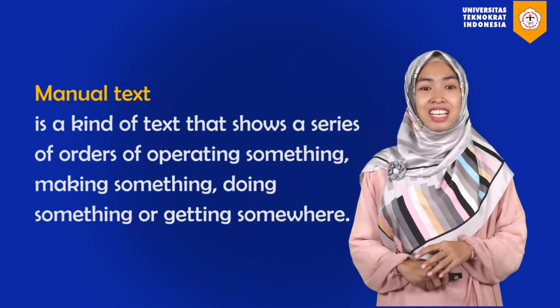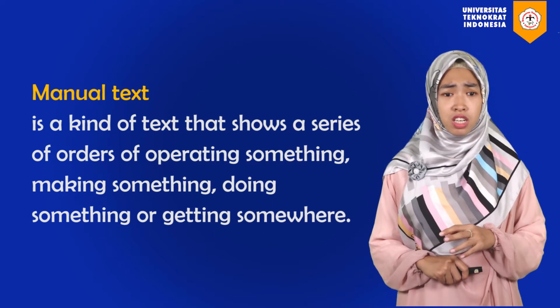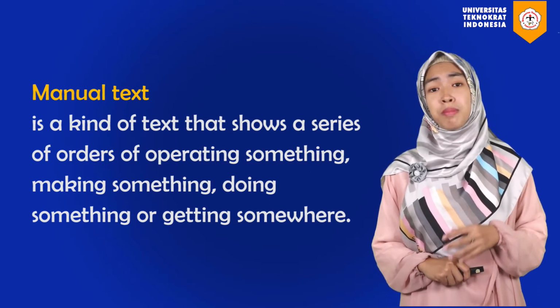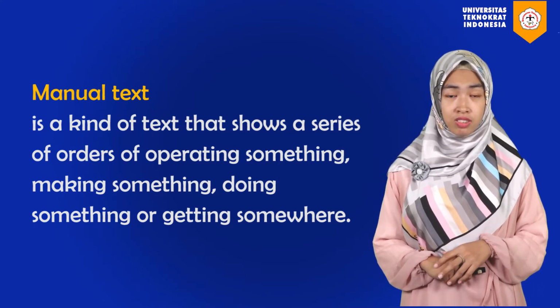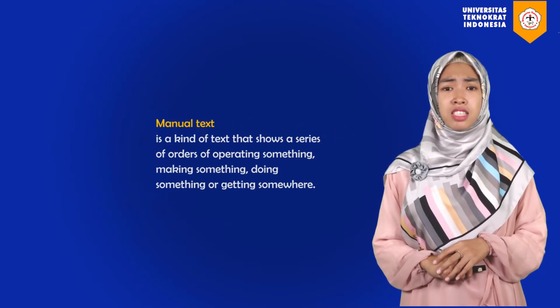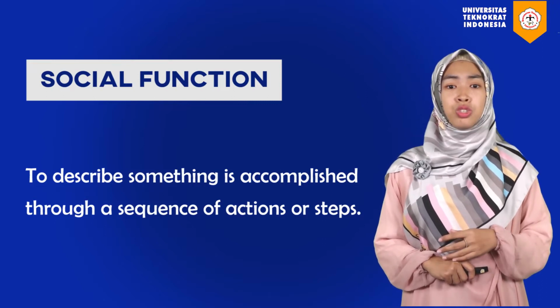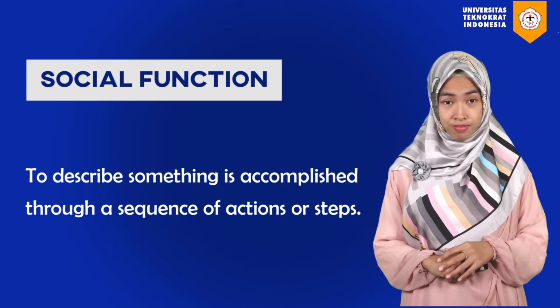Manual text is a kind of text that shows a series of order of something. It can be operating something, making something, doing something, or getting somewhere, right? So the social function of manual text is to describe how something is accomplished through a sequence of actions or steps, right?